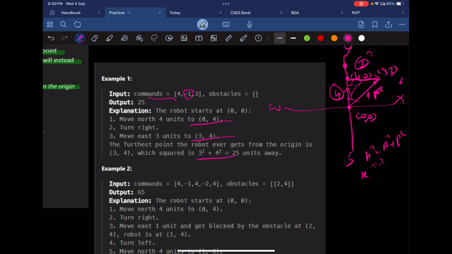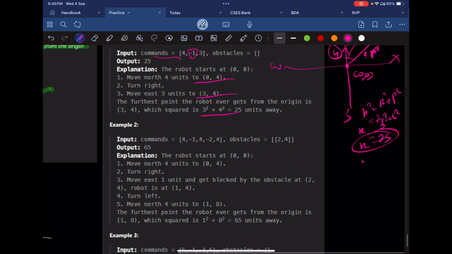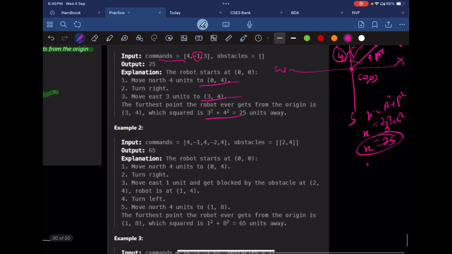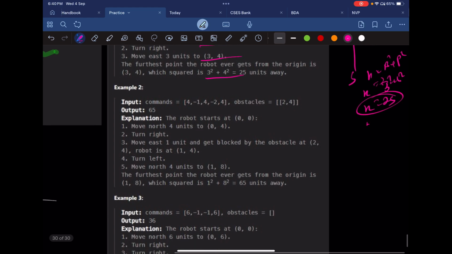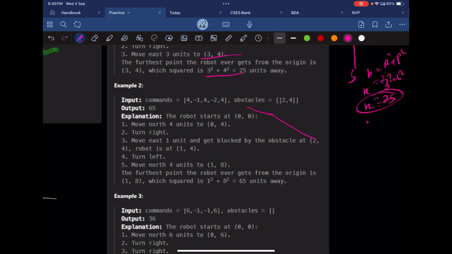So we will get h equal to 3 square plus 4 square, which is equal to 25. So h is equal to 25. We will be returning just 25. We will not put square here, just h.